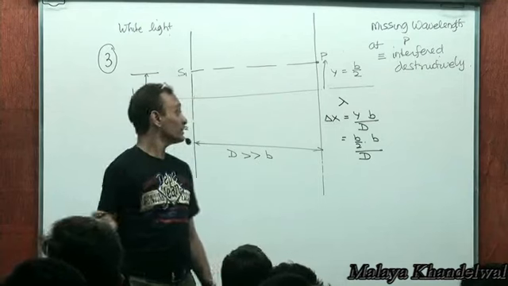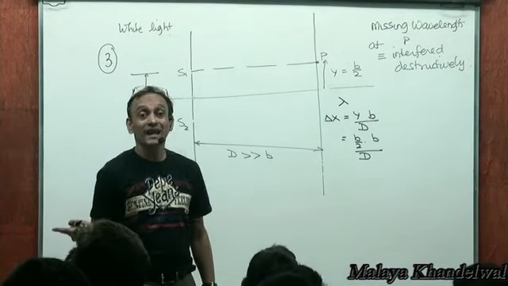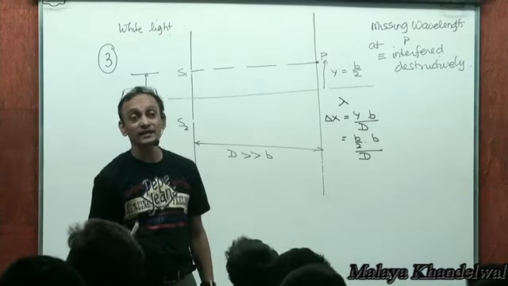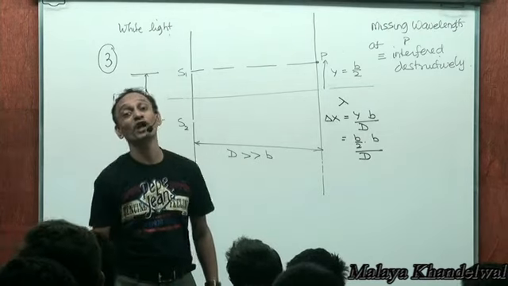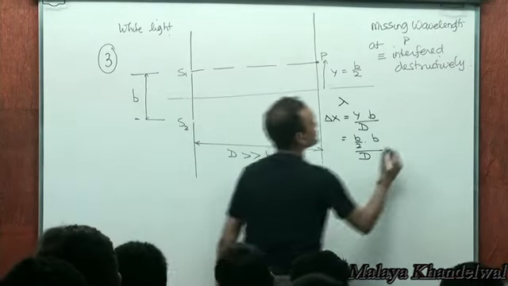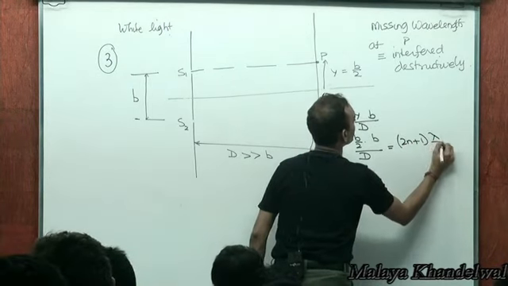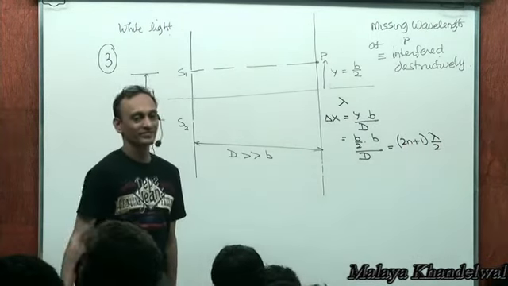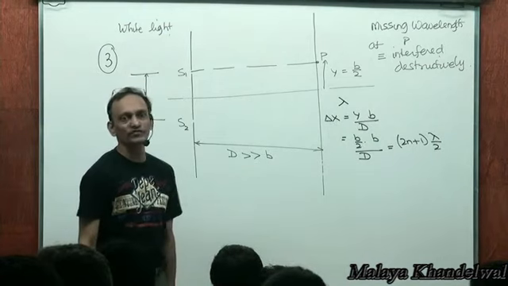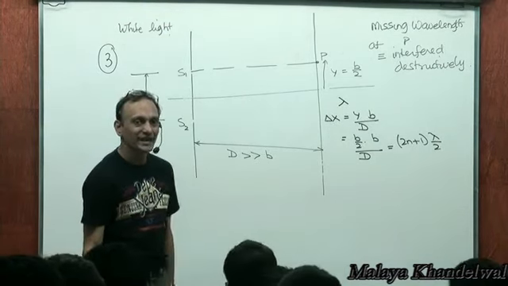If you want some lambdas to be missing here, then this must be an odd multiple of lambda by 2. Then these lambdas would be missing. Lambdas satisfying this condition would be missing. Yes or no?